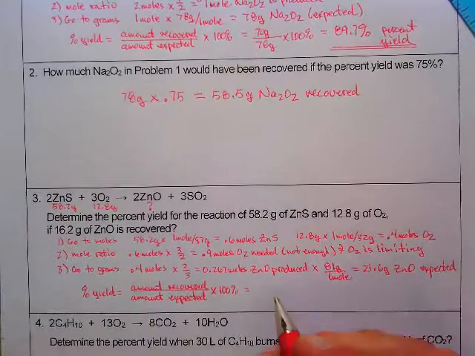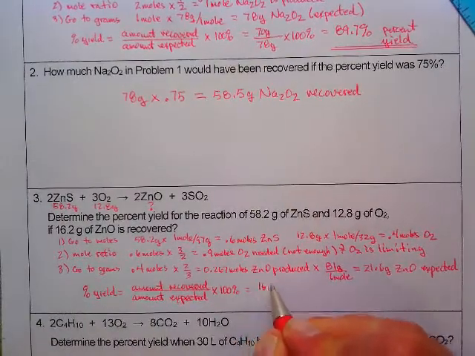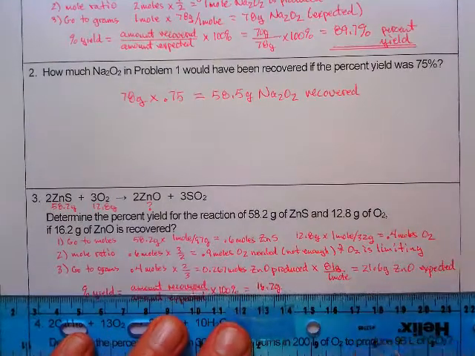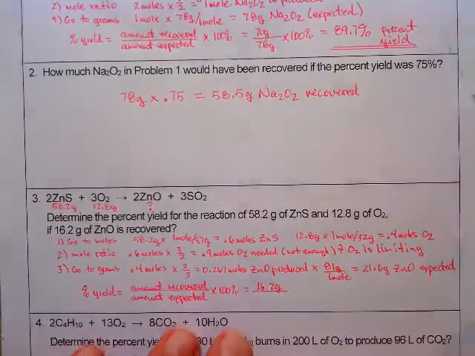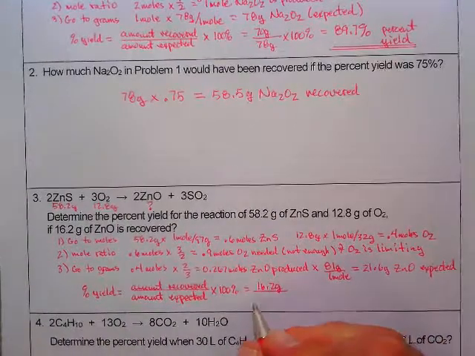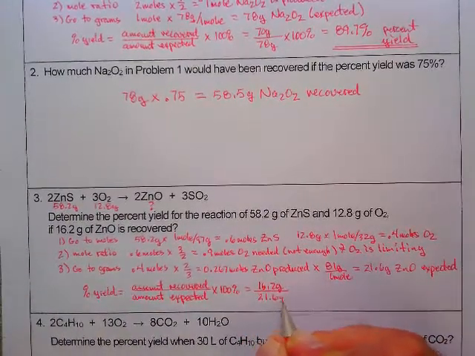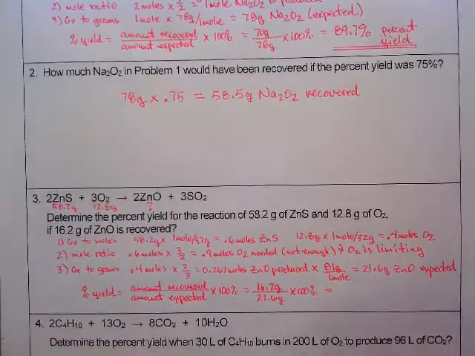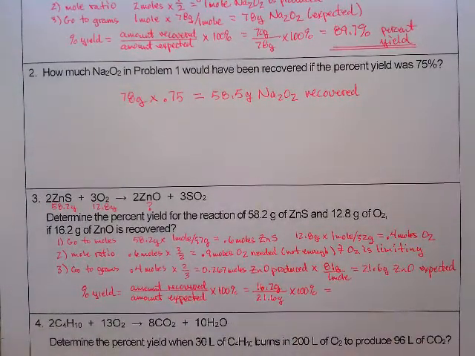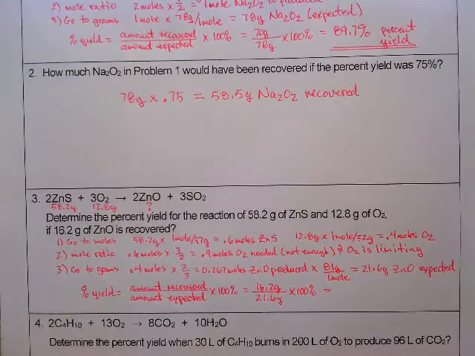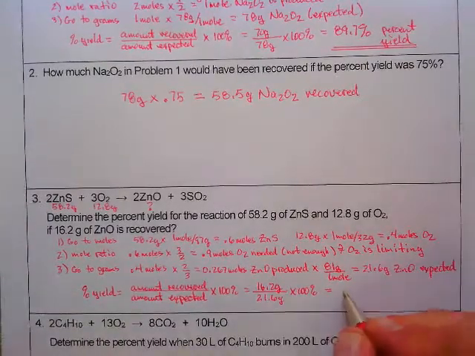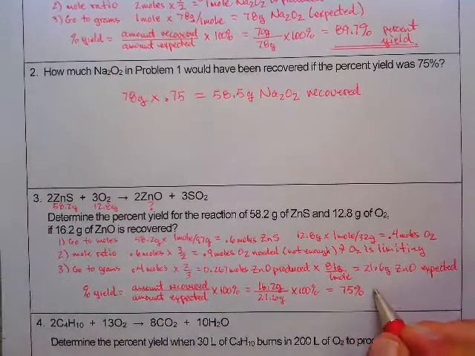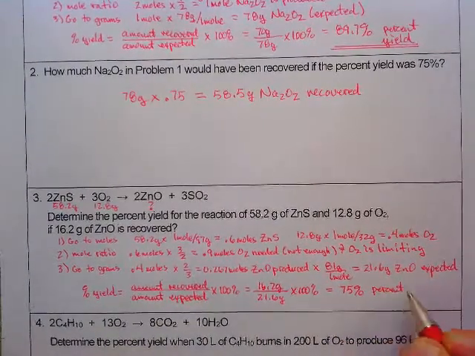So we're going to have 16.2 grams over the 21.6 grams times the 100, and we get 75% as the percent yield.